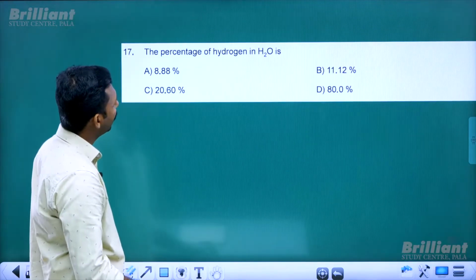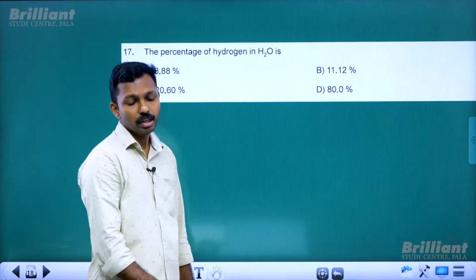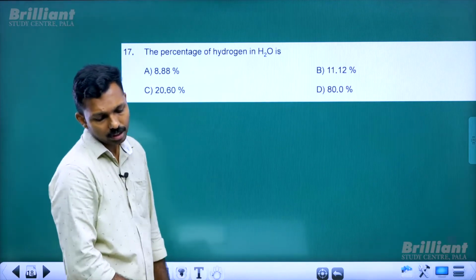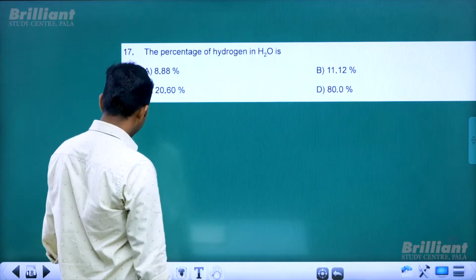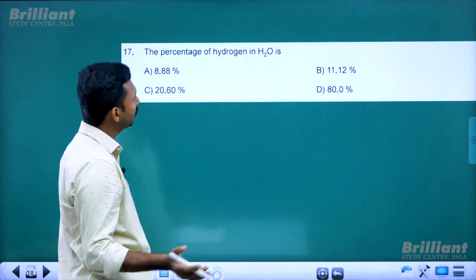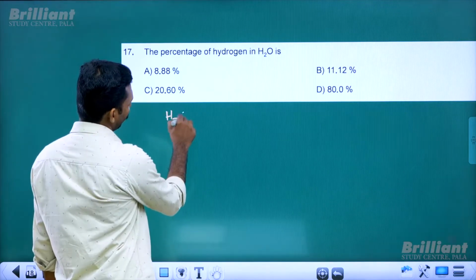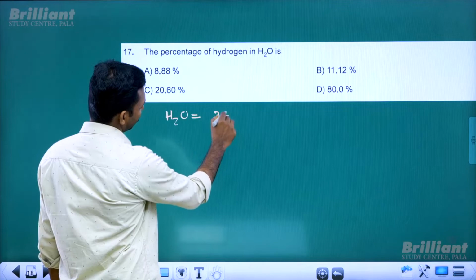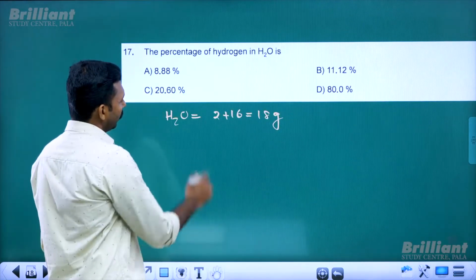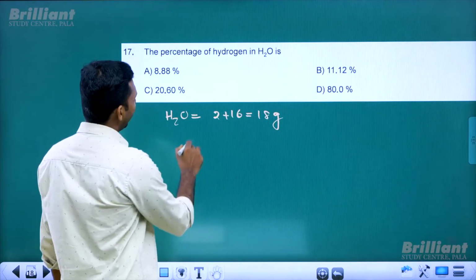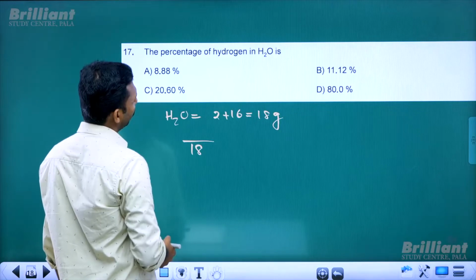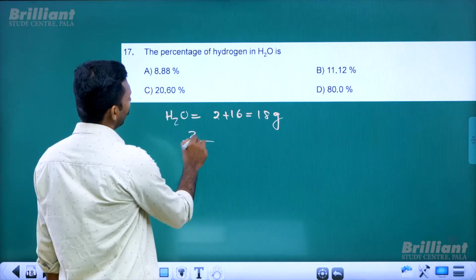Okay, the percentage of hydrogen in water. We can calculate the percentage of hydrogen. What is the molecular mass of water? We know H2O is equal to 2 plus 16, 18 gram. From the molecular formula, it is clear that 18 gram water contains 2 gram hydrogen.